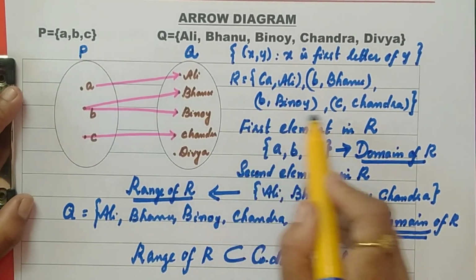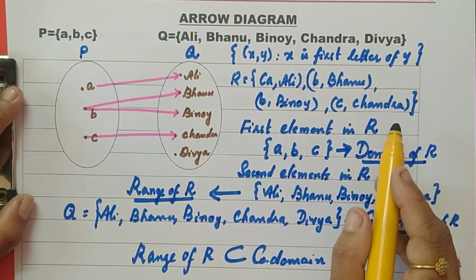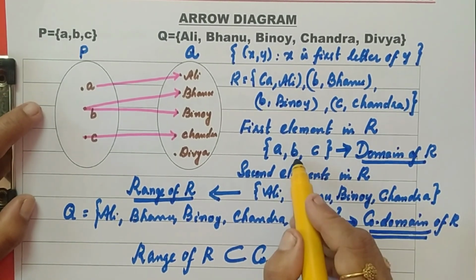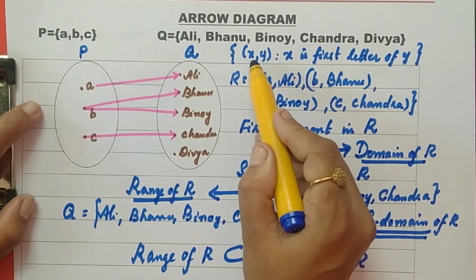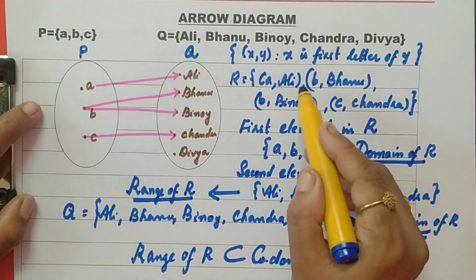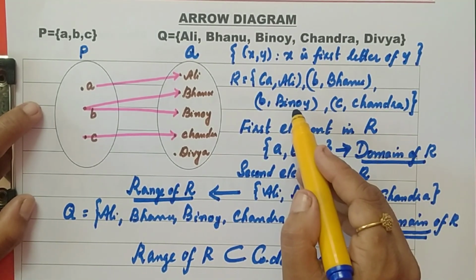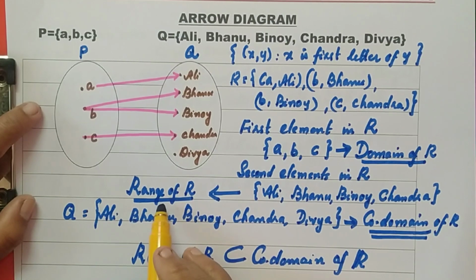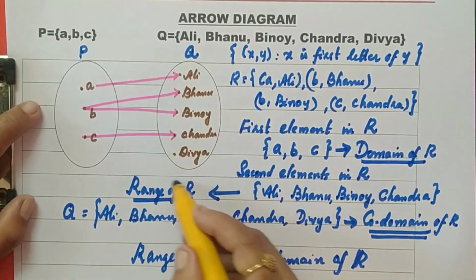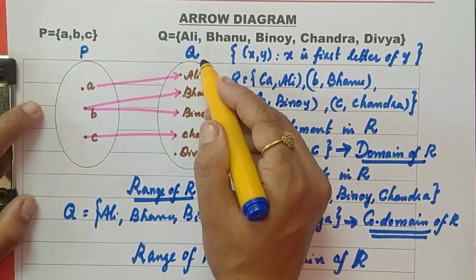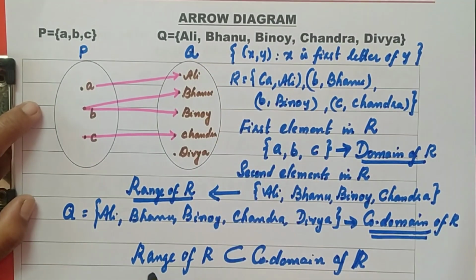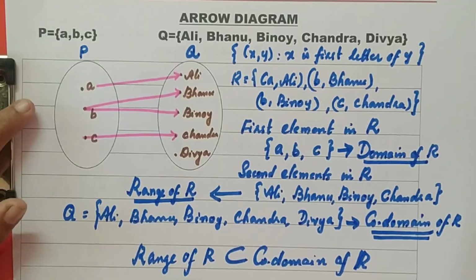The set of all first elements in an ordered pair in the relation is called the domain. The set of all second elements in the ordered pairs in a relation is called the range of R. The whole set Q is called the codomain of R. One more point, the range of R is a subset of the codomain of R.